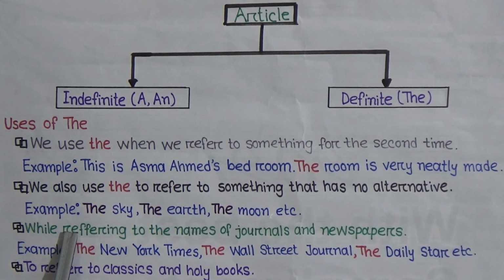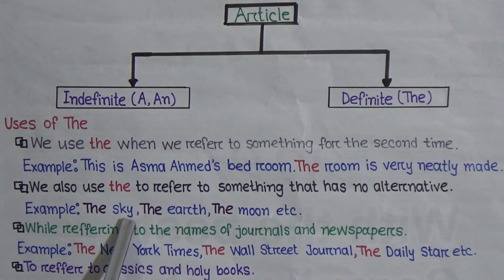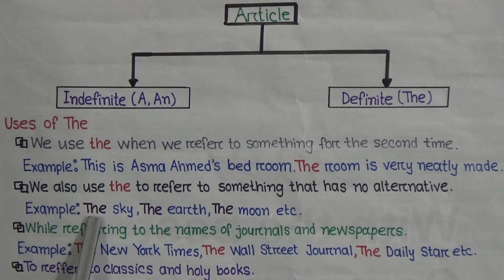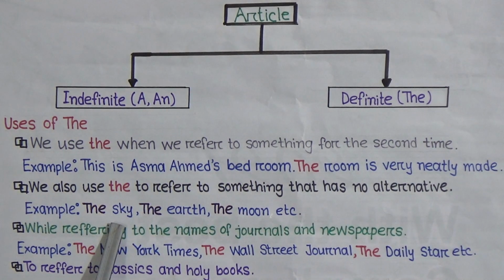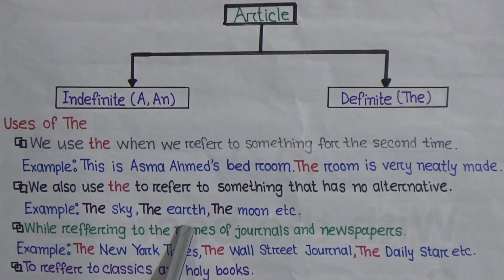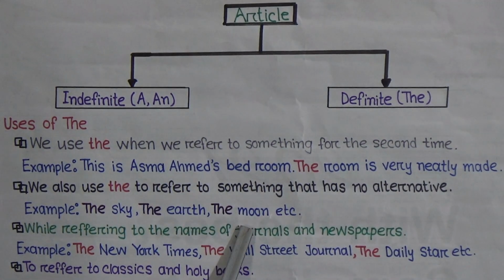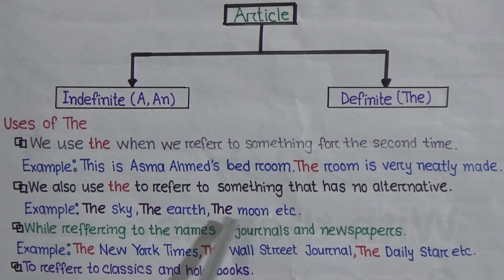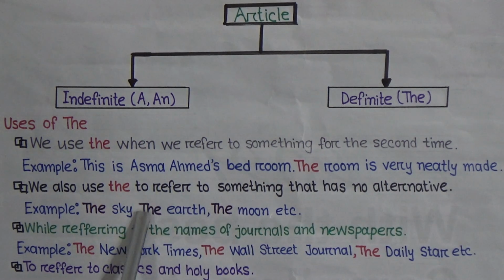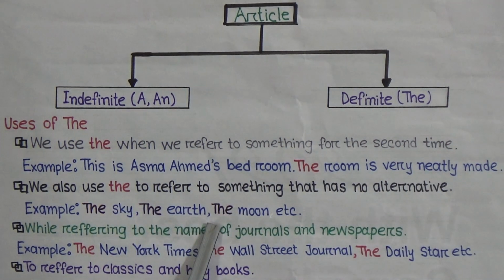For example, we can say the sky, the earth, the moon, etc. There is only one sky, we know, and it is boundless, so we have to use the before this word. And the earth or universe, the moon, the sun, all these are only one in this world. So that's why we have to use the before these words.